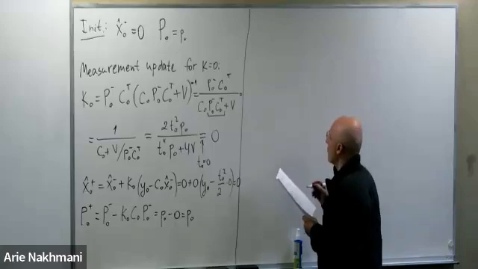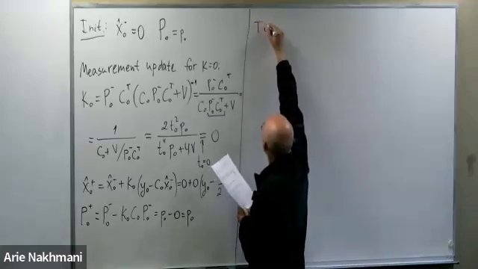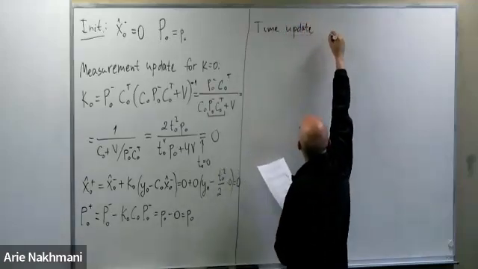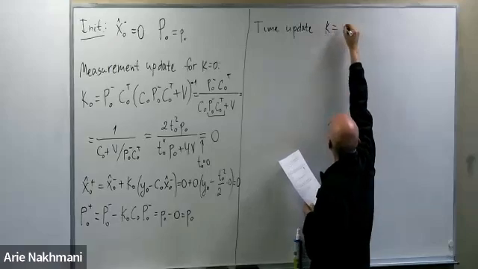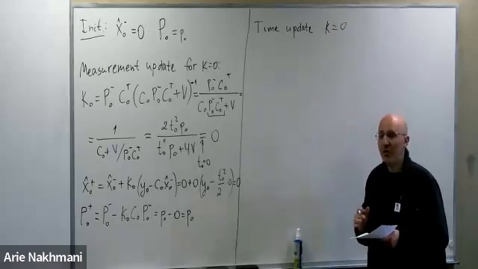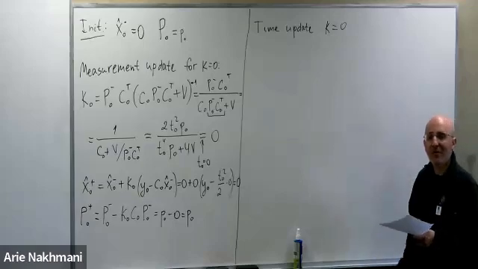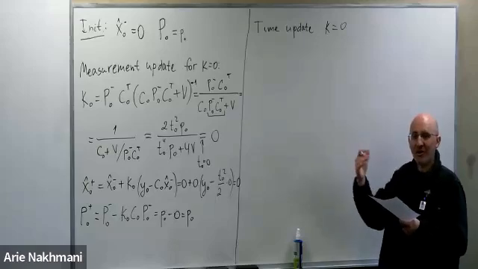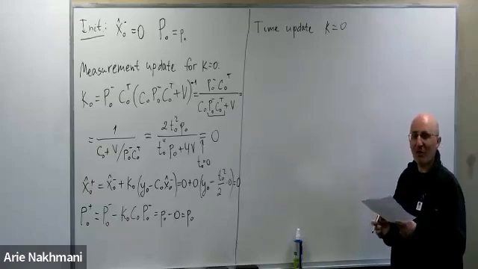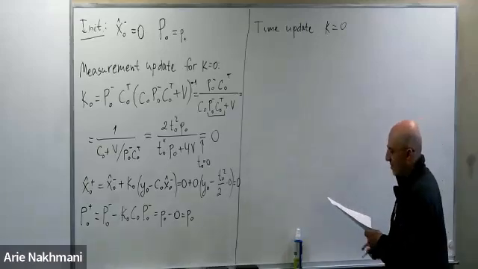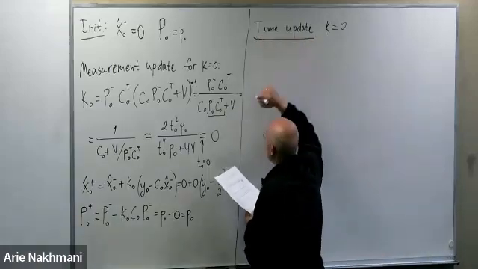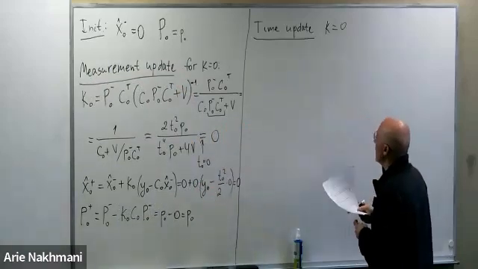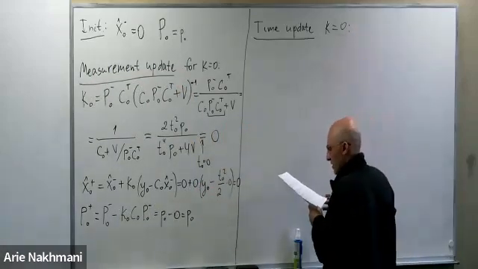Now we have time update. For k equals 0, which means we are trying to predict the k plus 1 step. What will happen at the next step without having any next measurement, which is the t1 measurement, right? Okay, so let's see what we get.